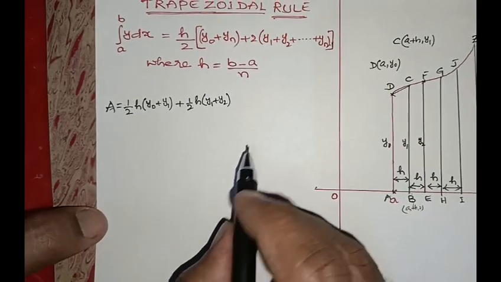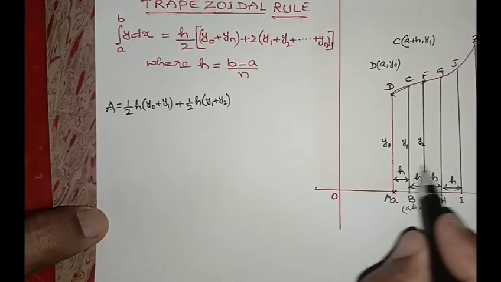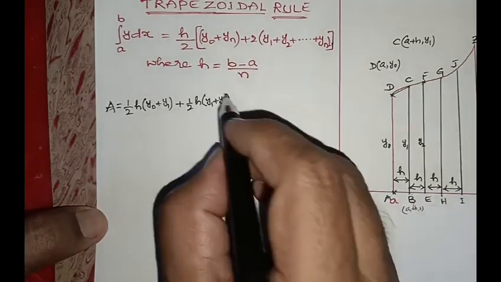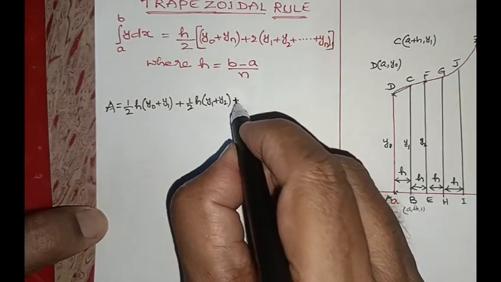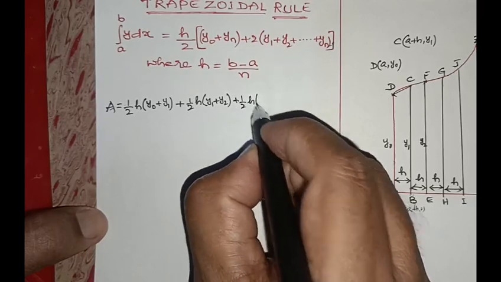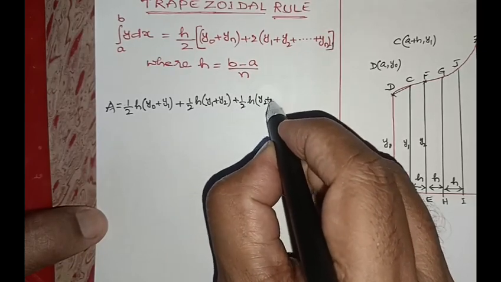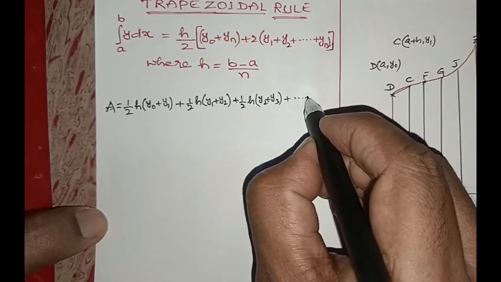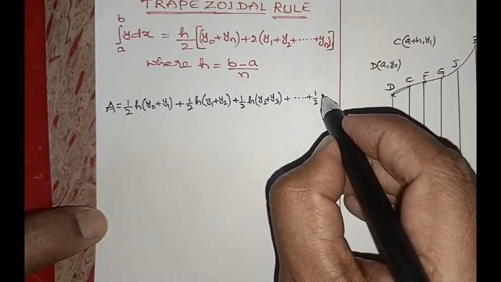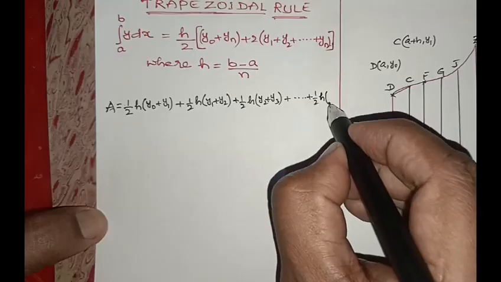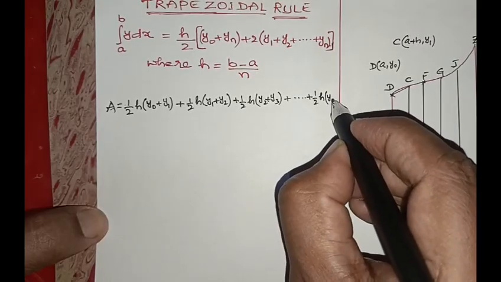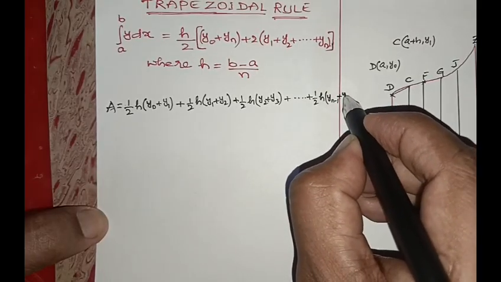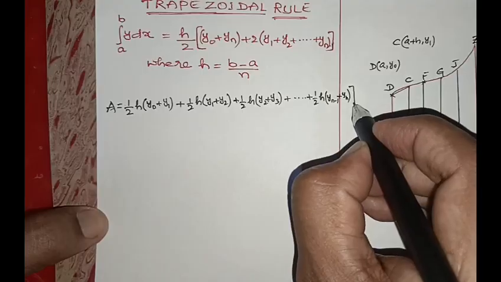So in this way, if I continue for all these n trapeziums, the area becomes half h times y2 plus y3, and it continues and goes up to half h times yn minus 1 plus yn.